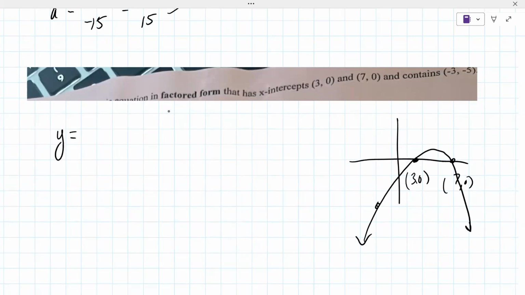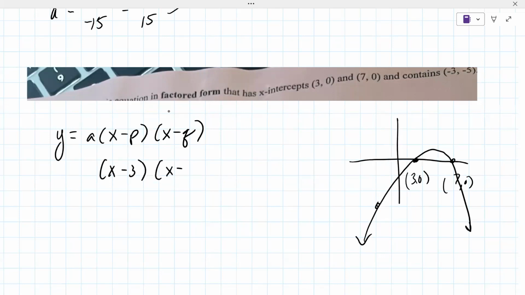You can use Y, you can use F of X. It really doesn't matter. But you do have to get the two X-intercepts in there first. So that's X minus 3, X minus 7. And then why don't you try solving for A?